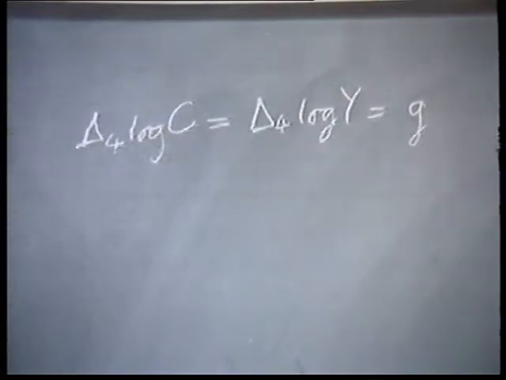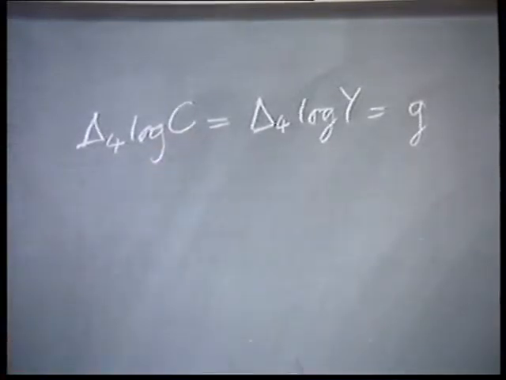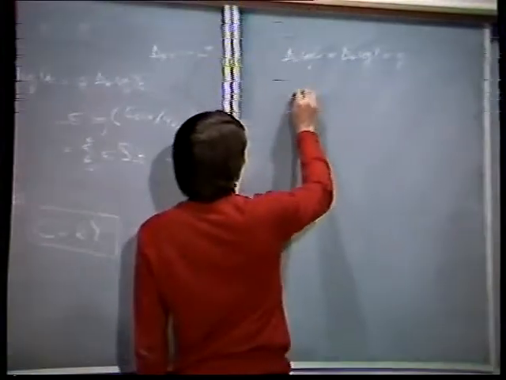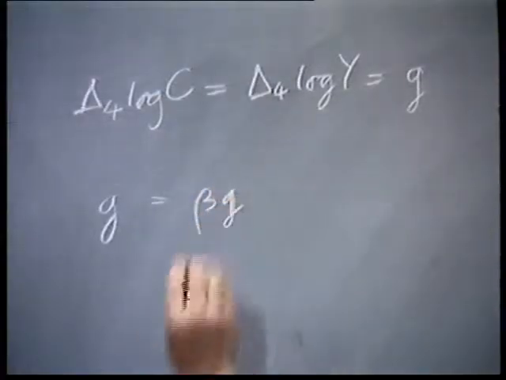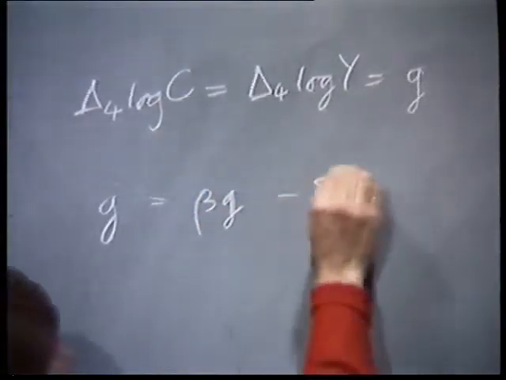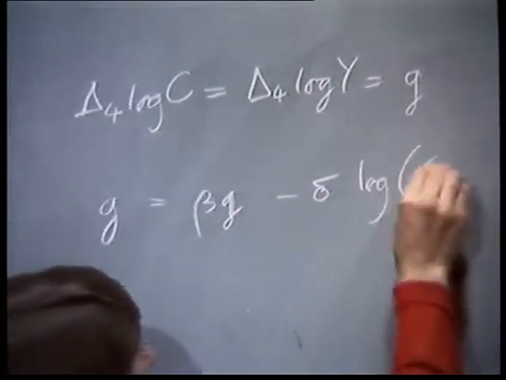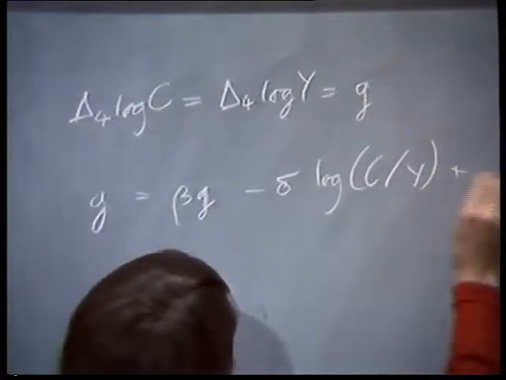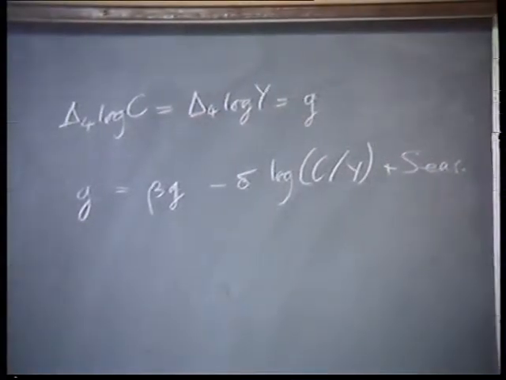Well, if we assume that, namely a constant growth rate for consumption and for income, and substitute into this equation, we have that G would be equal to beta G minus delta times the log of C divided by Y plus the seasonal dummy variables.